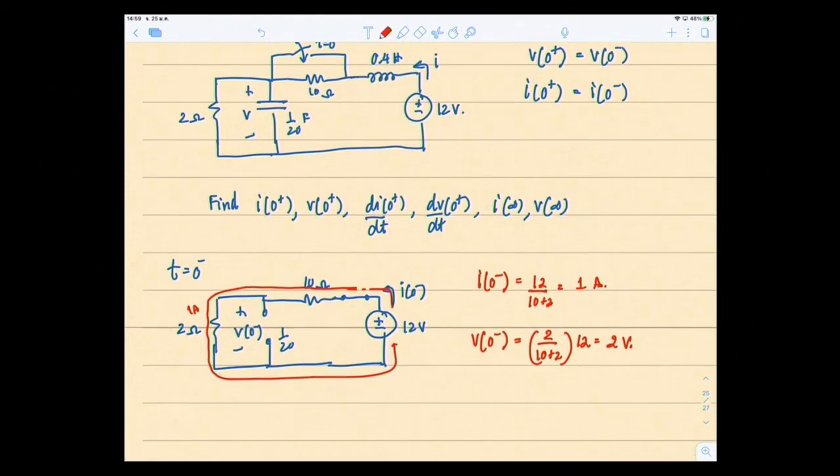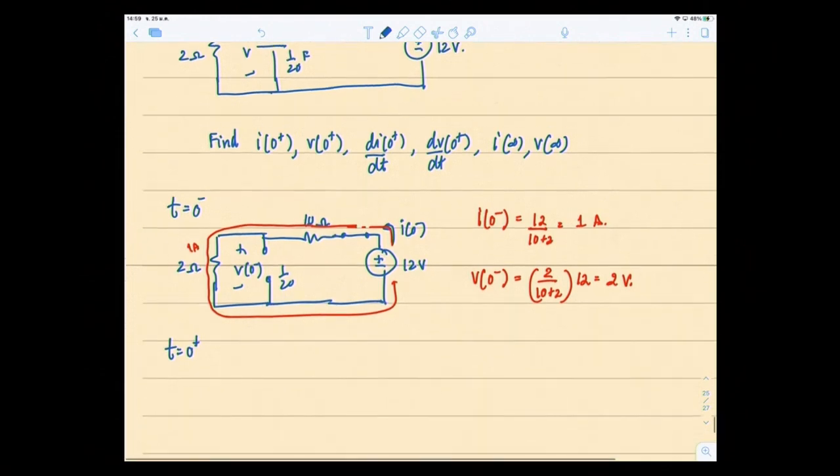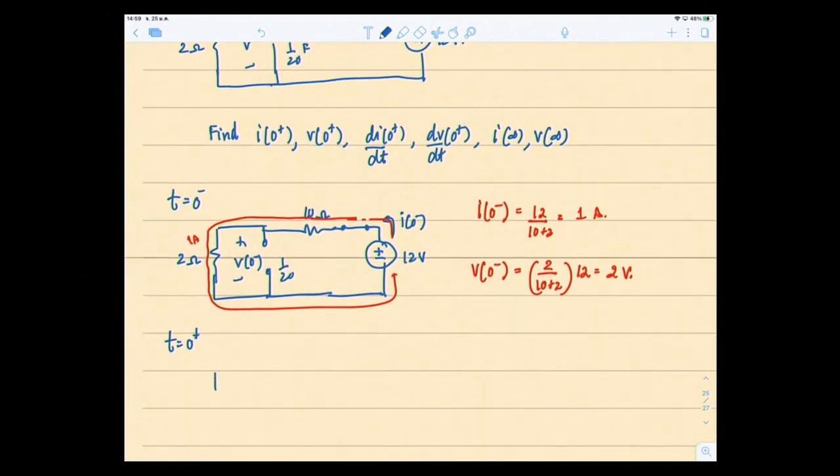Now when t equal to 0 plus, the switch changes. What does your circuit look like? The switch closed, and this becomes like this, with the inductor and your 12 volt.